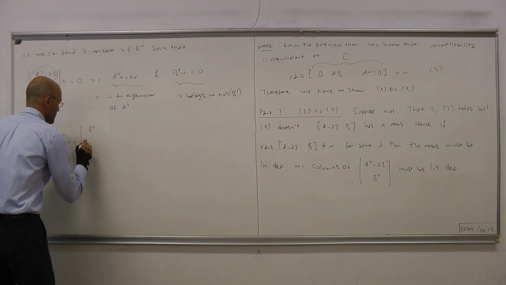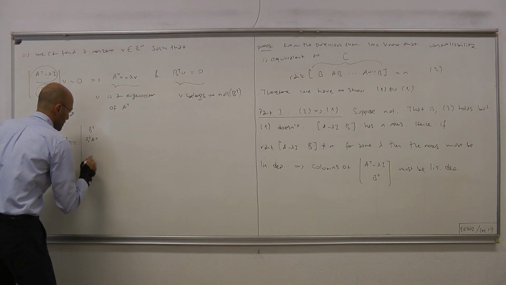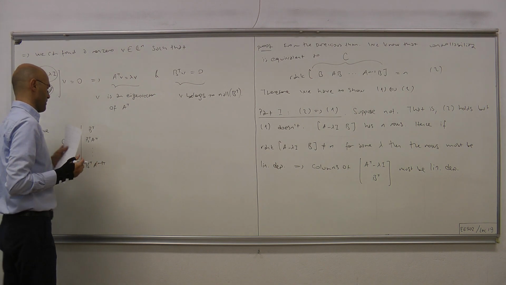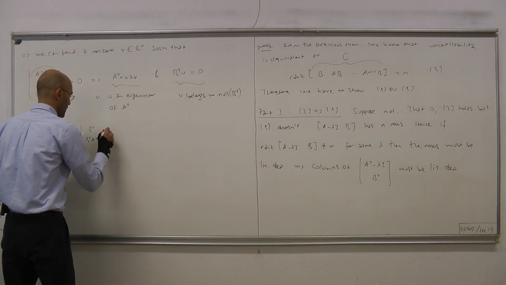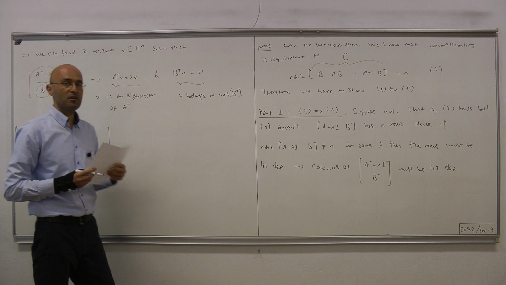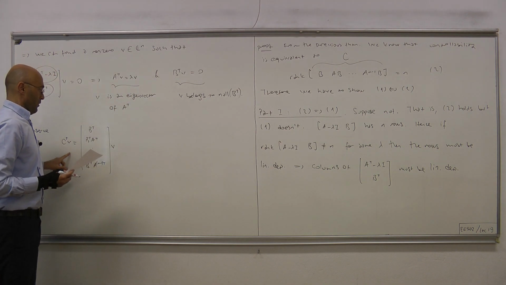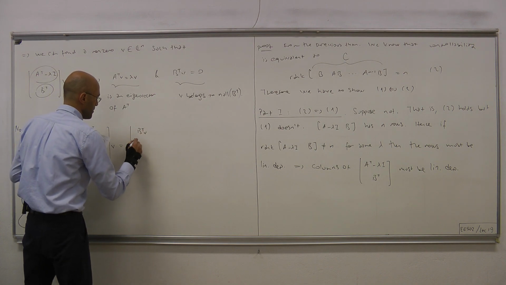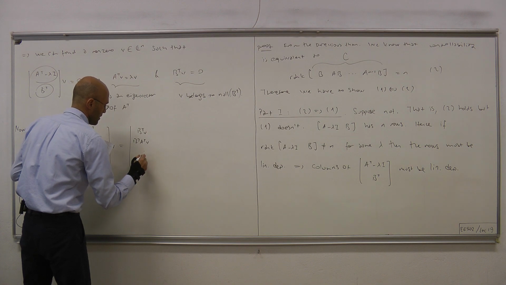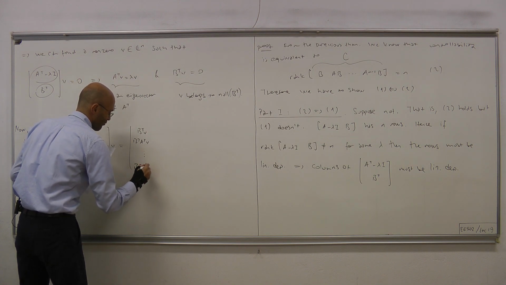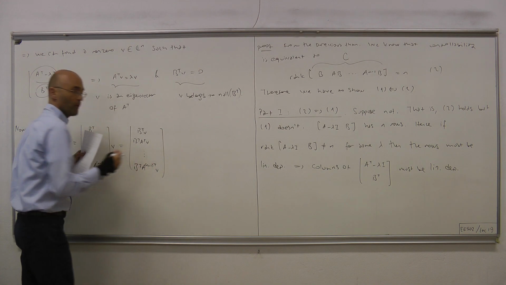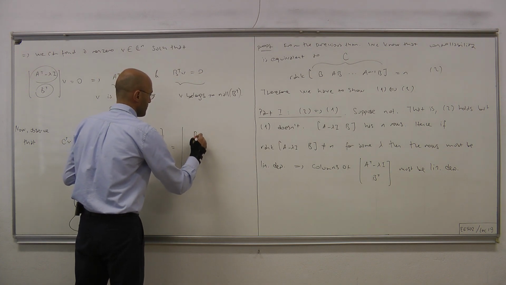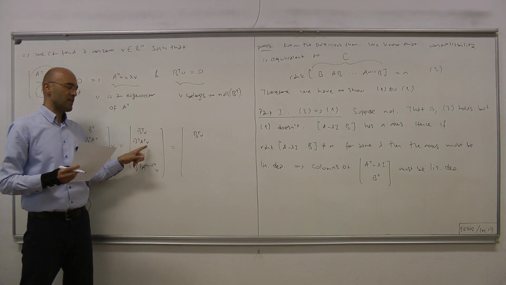It is B transpose, then we have B transpose A transpose, and finally we have B transpose A^(n-1) transpose, and that's multiplied by the vector V. So that equals B transpose V, B transpose A transpose V, and so on. And that equals what?